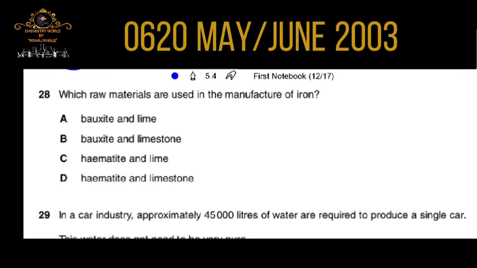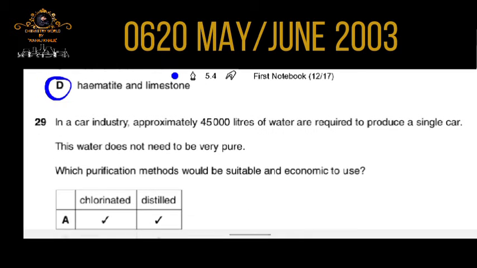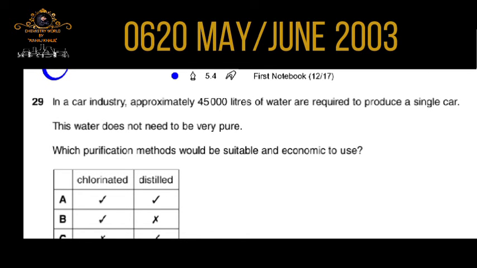MCQ number 28. Which raw materials are used in the manufacture of iron? The raw materials are hematite and limestone. Option number D. In the car industry, approximately 45,000 liters of water are required to produce a single car.